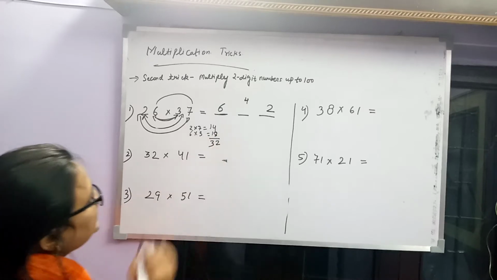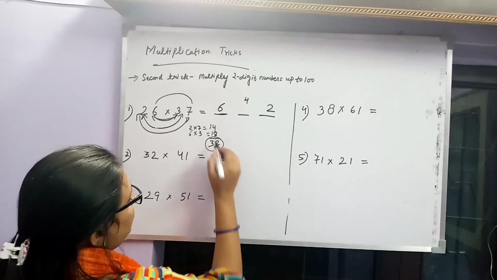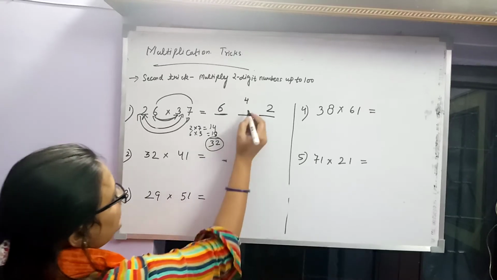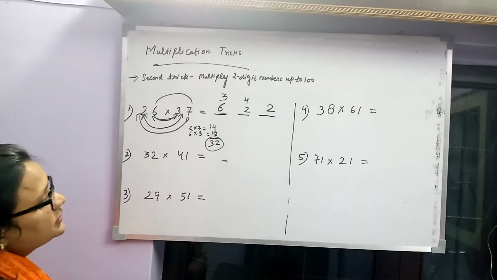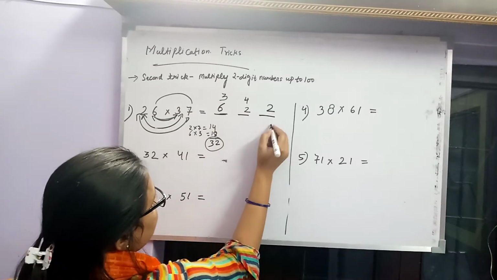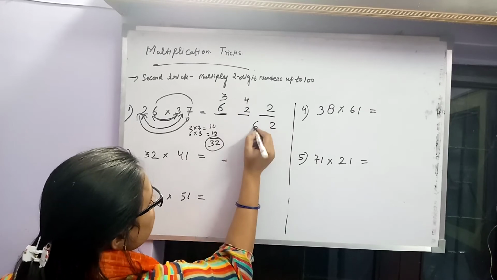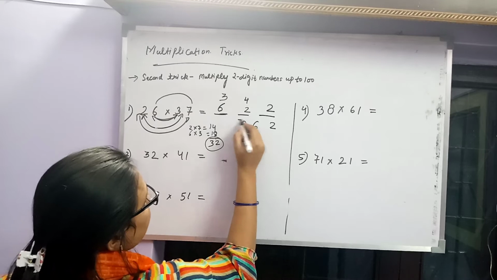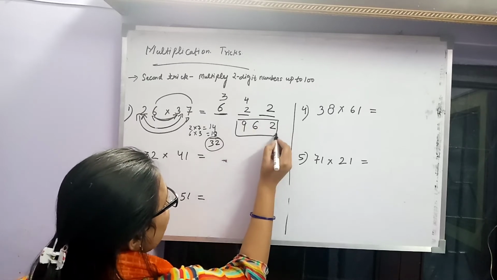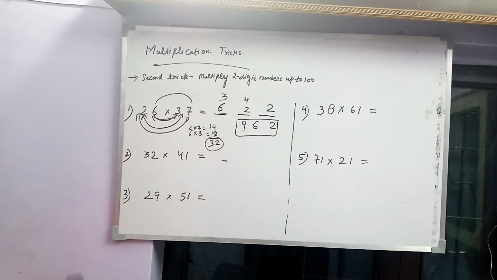We get 32. So we write 2 here and take 3 as carry. Now we calculate: 4 plus 2 is 6, 3 plus 6 is 9. So 9, 6, 2 is our multiplication of 26 into 37.